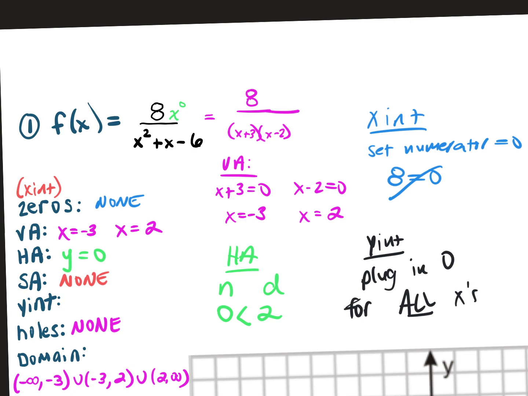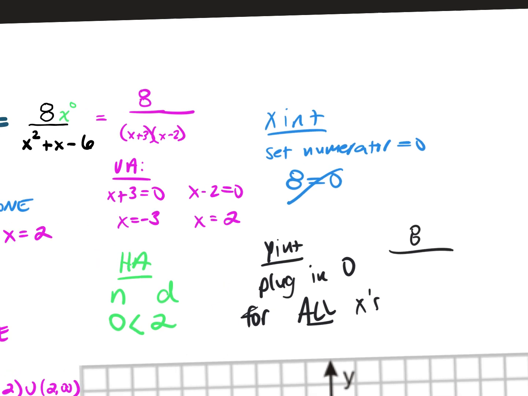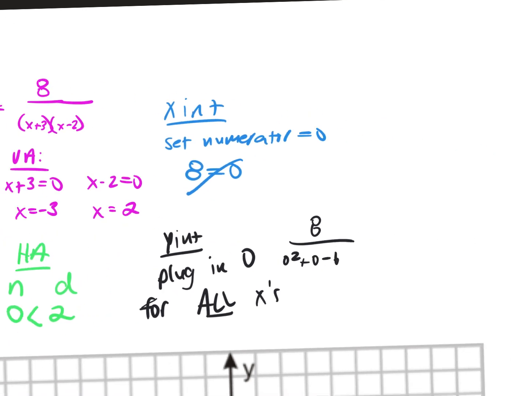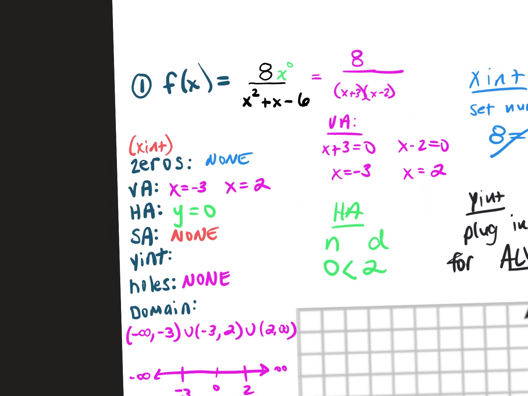To find the y-intercept, it's everything. So if I plug in 0 to everything, I have 8 over 0 squared plus 0 minus 6. So I have 8 over negative 6, which reduces to negative 4/3. So this is going to touch the y-intercept at 0, comma, negative 4/3.